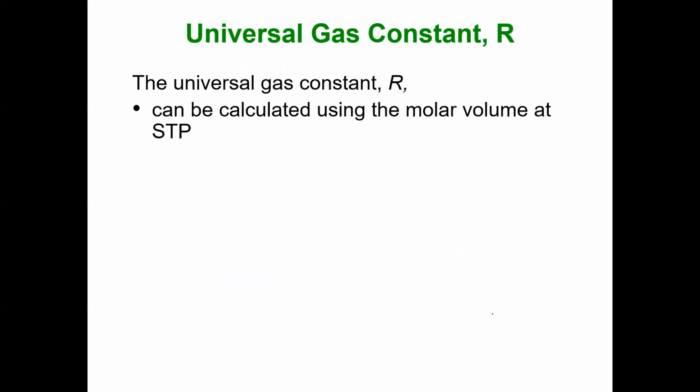So, what can we do to figure out what this constant is? Well, we learned at STP, which is standard temperature and pressure, which is 273 Kelvin and a pressure of 1 atmosphere, that molar volume, remember this, is 22.4 liters per mole at STP.